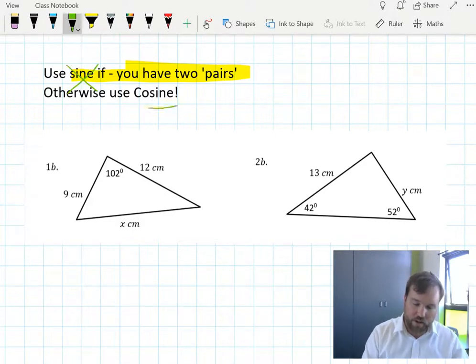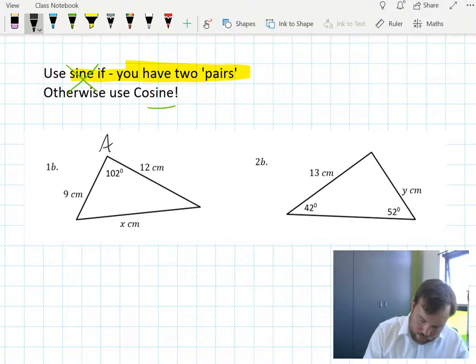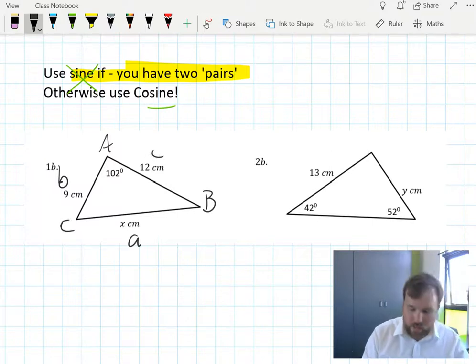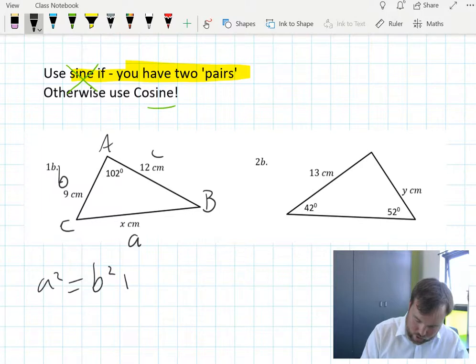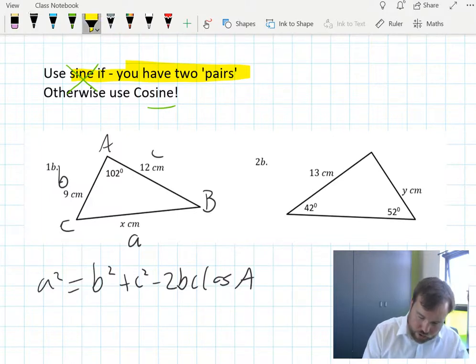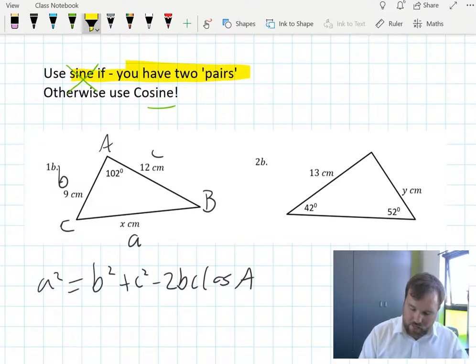Sine rule has failed us, so use cosine. If we're using cosine, we set up A, B, C, A, B, C, and then continue with the formula. The formula for the side is a squared equals b squared plus c squared, take 2bc cos A. What you should notice is that for every letter here, we have a value in the triangle.